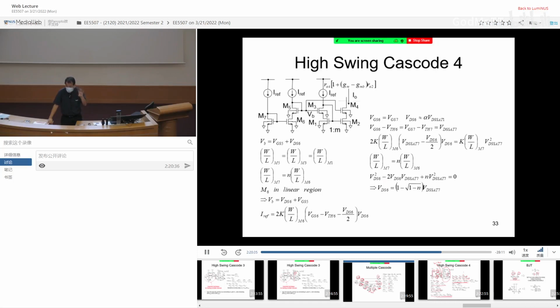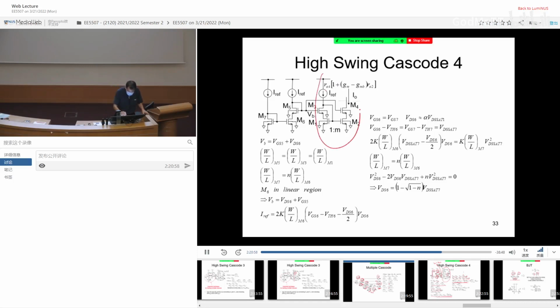Some transistors have a threshold voltage that suffers from body bias. Some transistors don't suffer from body bias, so the threshold voltage doesn't suffer from body bias. So the last method illustrates how we can totally remove the body effect difference.